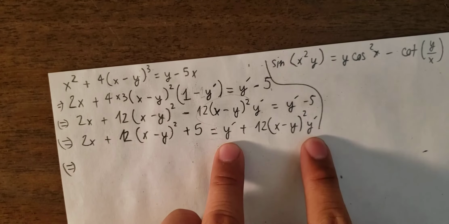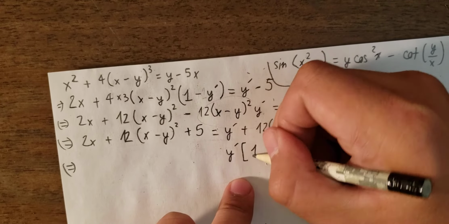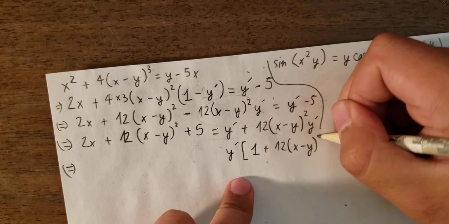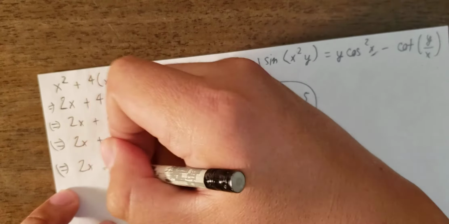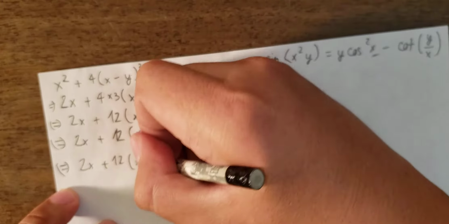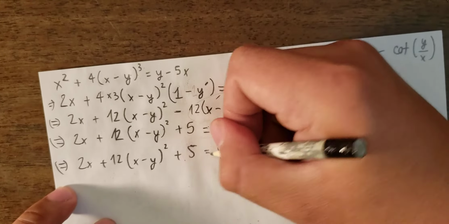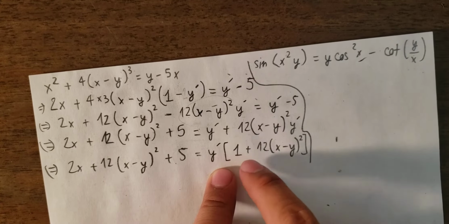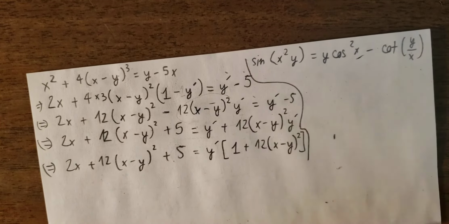We have first derivative of y, we do in the fractal in here. So we got 1 plus 12 x minus y power 2. Now in this one, you divide both sides with 1 plus 12 open the brackets x minus y power 2.